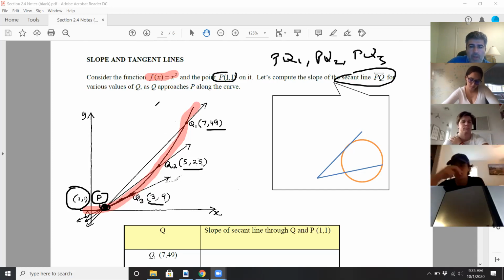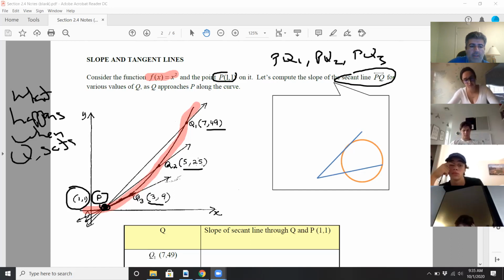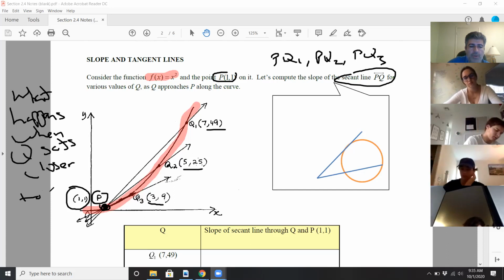And what we're going to do is investigate what happens when Q gets closer to P. That's the question we're going to answer. That's kind of the big idea here.